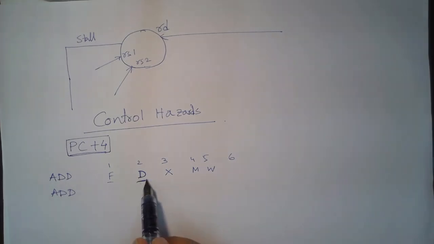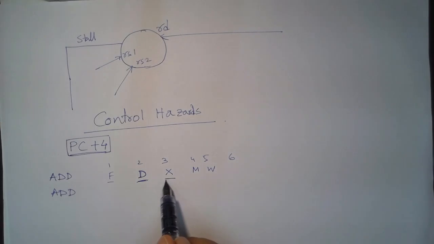Now, at the decode stage, you are not doing anything, because if you remember, in your decode stage you were giving out only OP1, OP2, and the immediate and offset values, etc. But whether that branch is taken or not is evaluated at the execution stage.